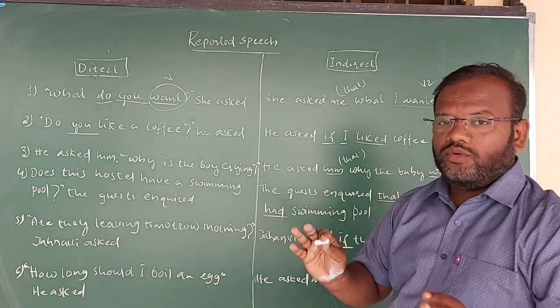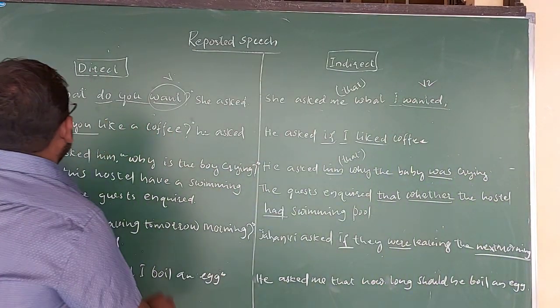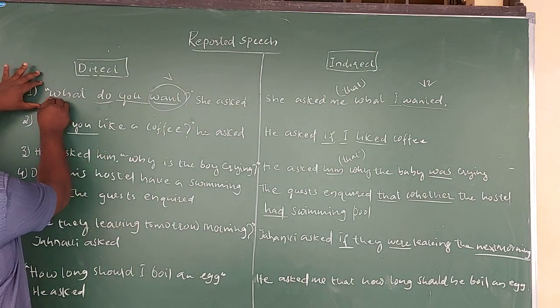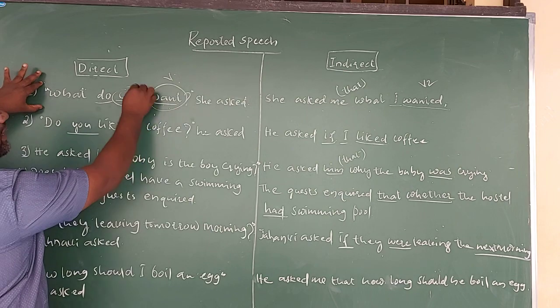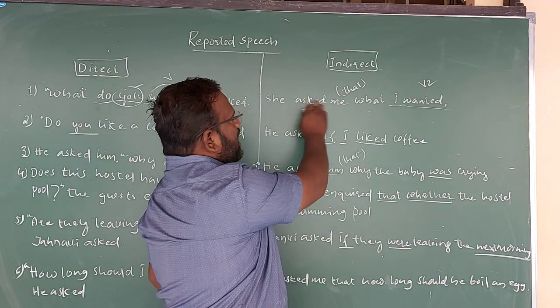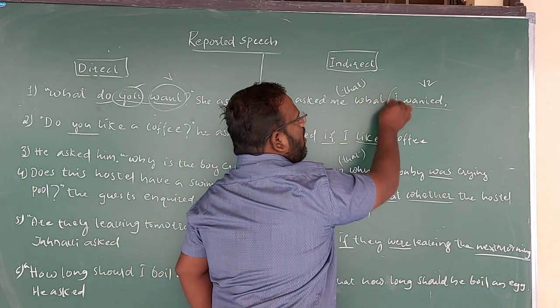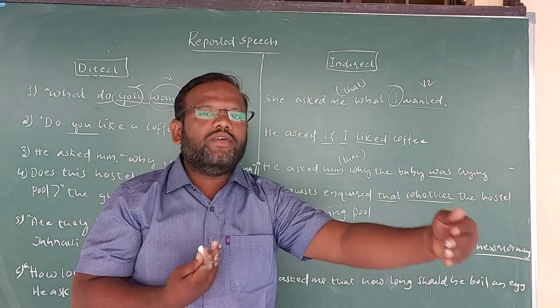But before moving towards the example number 2, first understand. Here we have written down what do you want. So you has changed as I. She asked me that what I wanted, because directly she is asking me. I am in front of her.